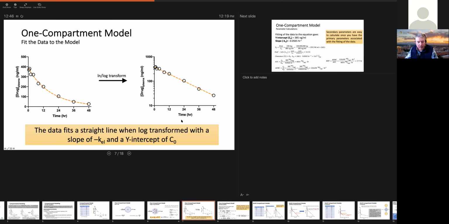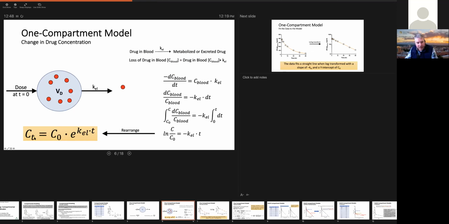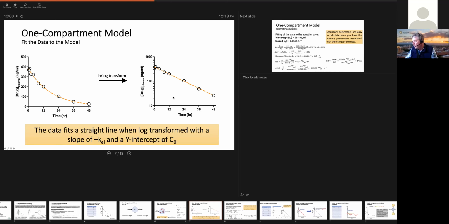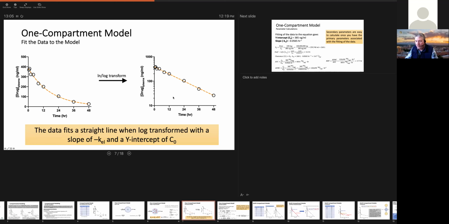The reason is that this concentration e to the negative KEL times t is logarithmically related to KEL times t. And so if you plot the log of C(t) versus t, you wind up with a straight line with the slope that's the KEL.